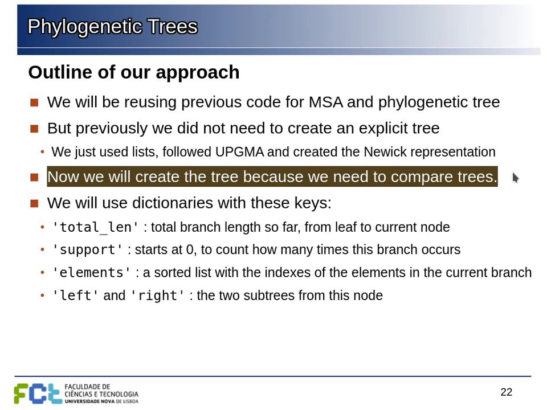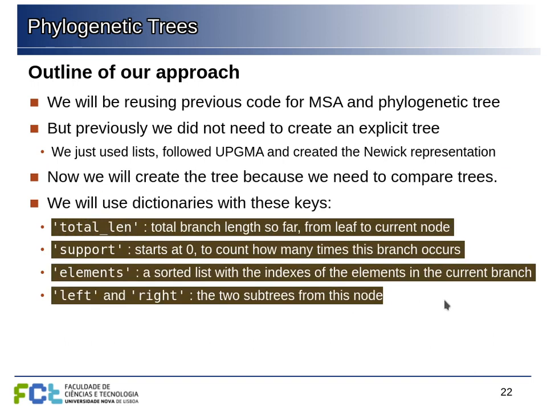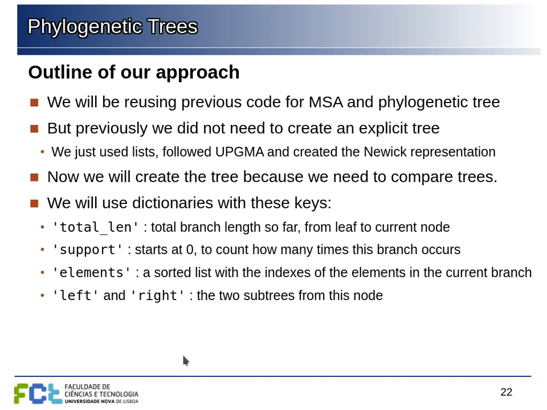So to do that, we're going to create this data structure. We're going to create a tree by chaining together dictionaries, and in each dictionary we're going to create these four keys. So these four entries in the dictionary.